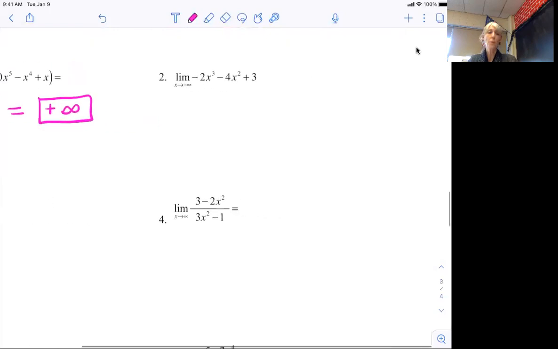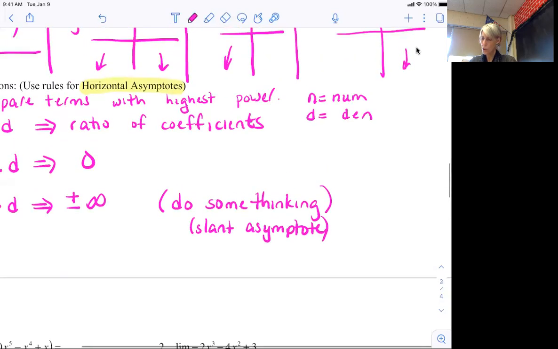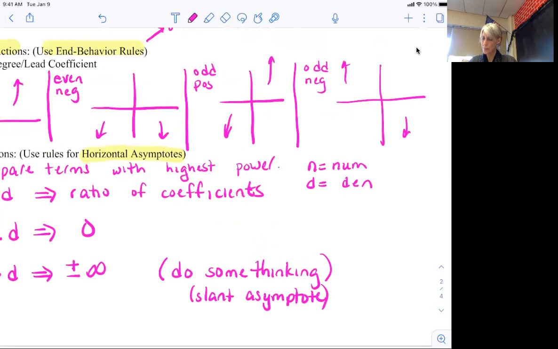In example 2. Again, look at your function, it's a polynomial. So you only care about the highest power. Take that term out and now analyze it. It's a cubic, so it's an odd power and negative. As x goes to negative infinity, odd power negative, my answers are going to positive infinity.